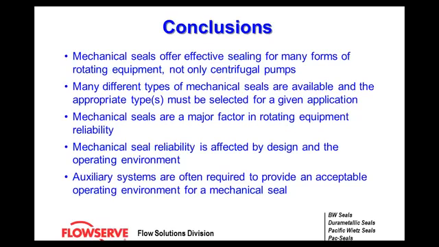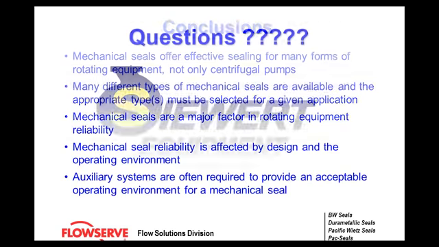You might have a rather large pump where you couldn't use a sealless pump design. You have to have a mechanical seal. In those types of systems, you want to have a barrier fluid, and that fluid can then act as a buffer. It acts as a collection area, so that in case you do have a failure, it will not spill out into the environment. That concludes today's session.